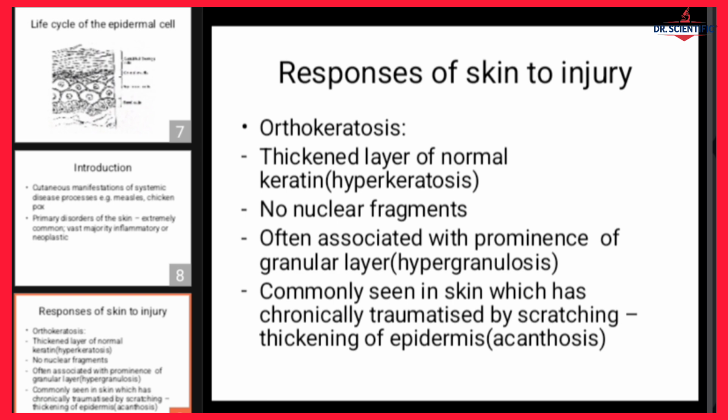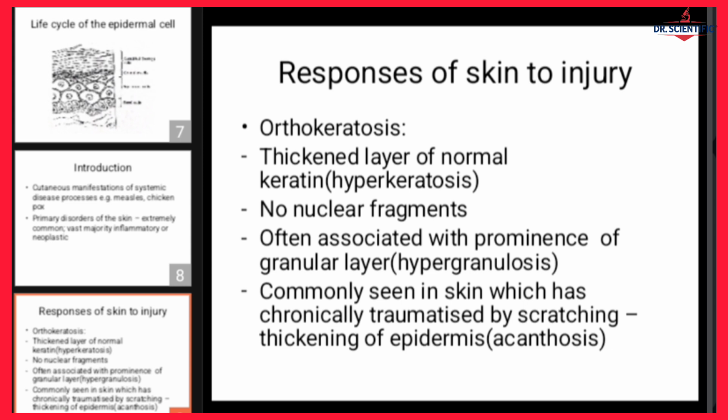This orthokeratosis is commonly seen in skin which has been chronically traumatized by scratching. Usually this leads to thickening of the epidermis, which we call acanthosis. So thickening of the epidermis, another name is acanthosis. So it's good to remember those terminologies and always go back and look at those layers of the epidermis to really be able to understand.